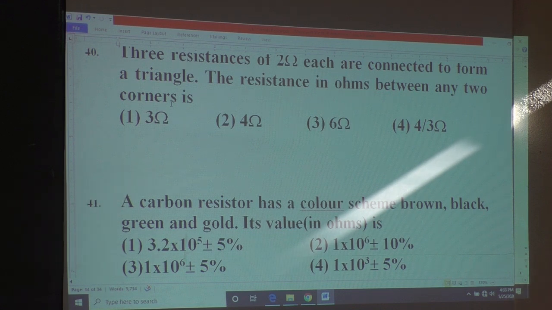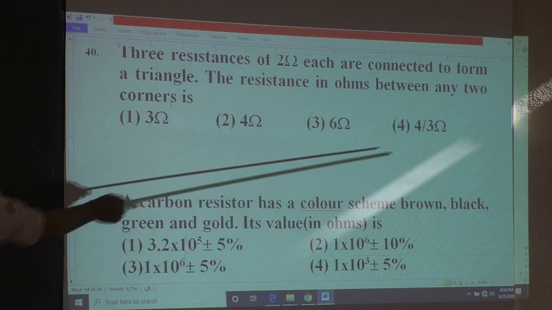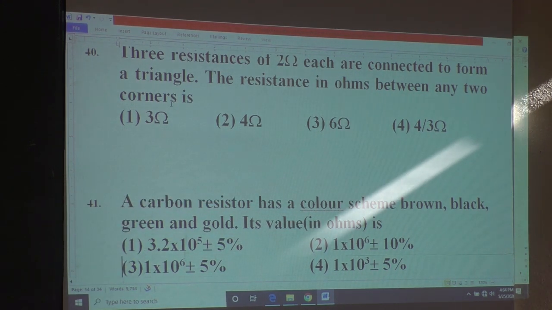If you take the base, you will have 2 ohm at the base and 4 ohm at the top, because 2 ohm in series. So finally, what is the answer? Base 2 ohm, the upper sides of the triangle, 2 plus 2, 4. So 4 parallel 2, 4 into 2 by 4 plus 2, 8 by 6, 4 by 3. Option 4, 4 by 3.